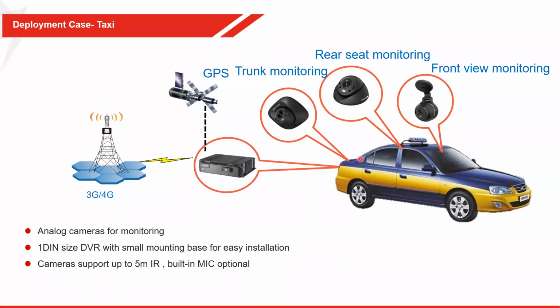So companies like Uber or Taxify can guarantee their customers that their vehicles are fitted with cameras, so everyone will feel safe and doesn't need to worry. If any incidents happen, they are all monitored in a secure location. You can do your GPS tracking. You can have a camera located in the boot, rear seat monitoring, as well as front and forward monitoring.